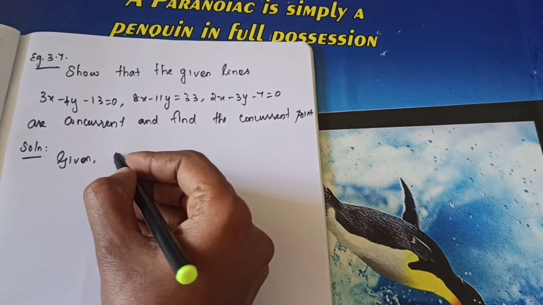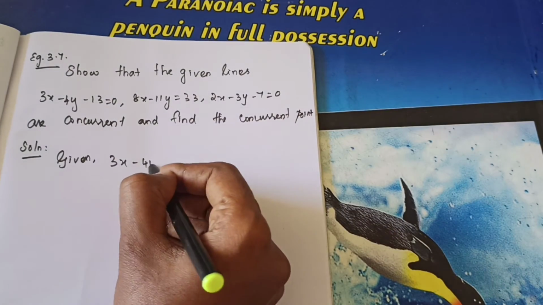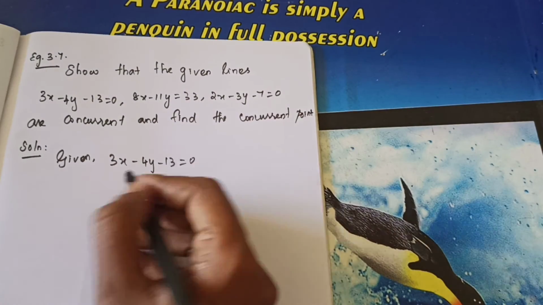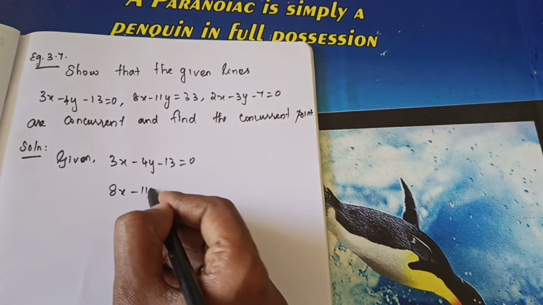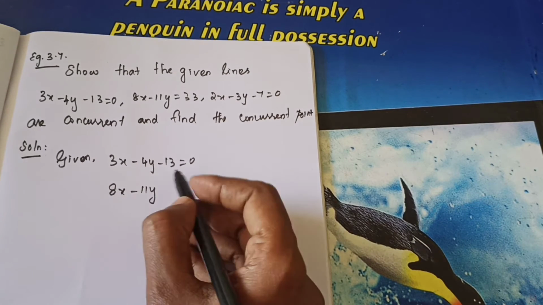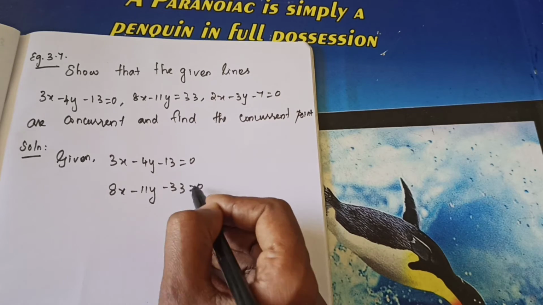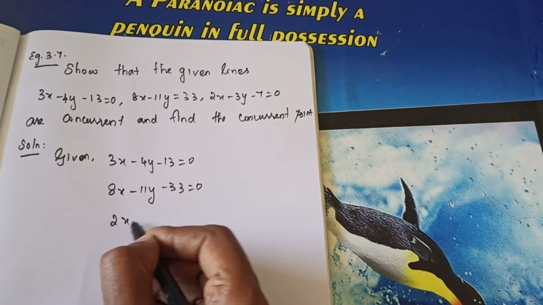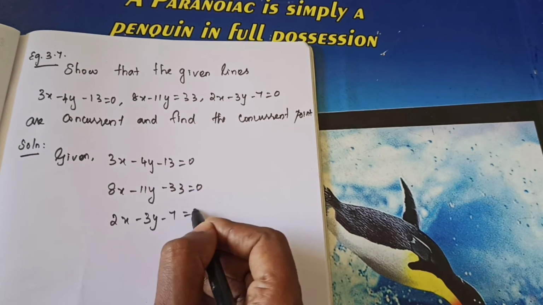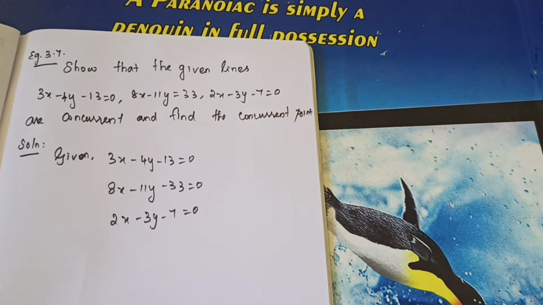Given 3 lines are given. What are the lines? 3x minus 4y minus 13 is equal to 0. 8x minus 11y, bring this to this side, minus 33 equal to 0. Then 2x minus 3y minus 7 is equal to 0. What's the question? Show that the 3 lines are concurrent. For that, just now I taught the formula. So what's the formula? Determinant of A1, B1, C1, A2, B2, C2, A3, B3, C3 value 0 means we will say it's concurrent.